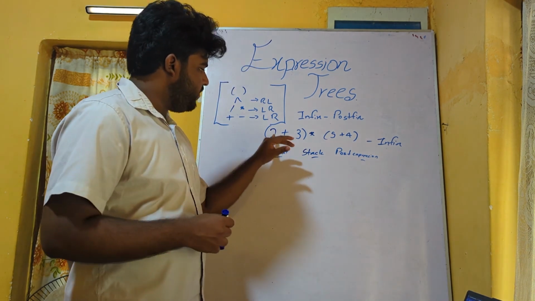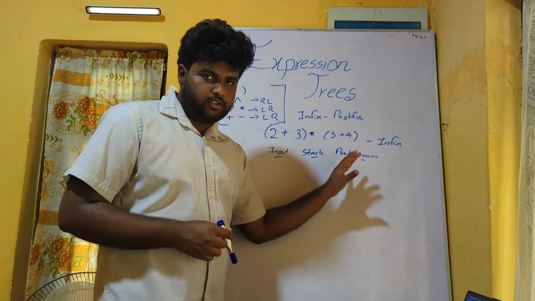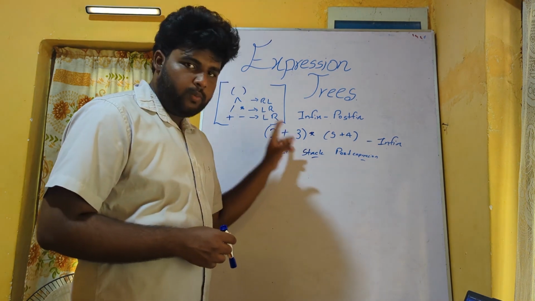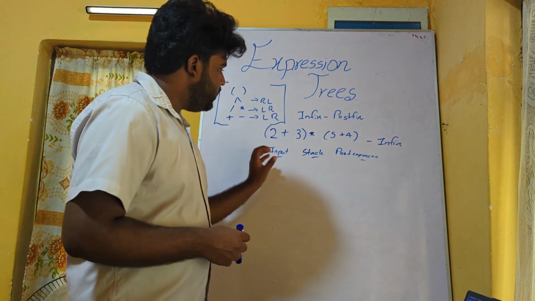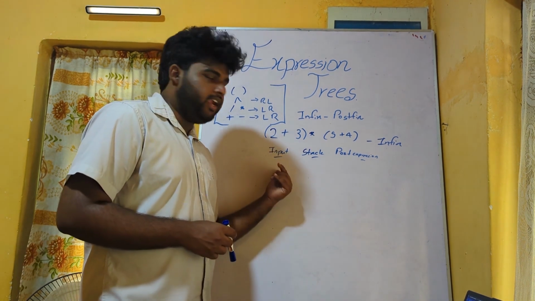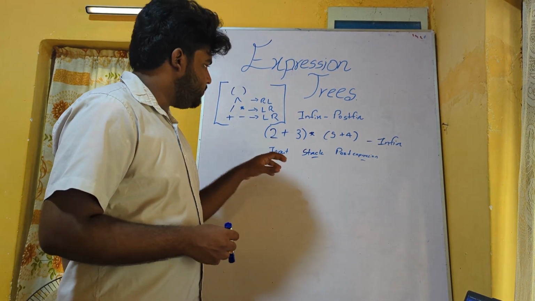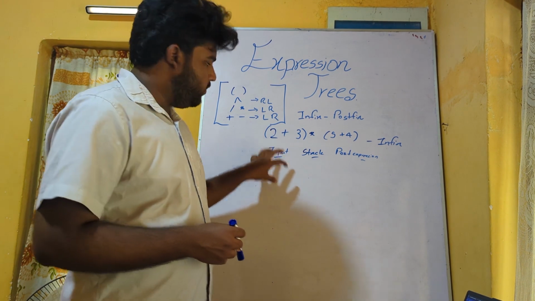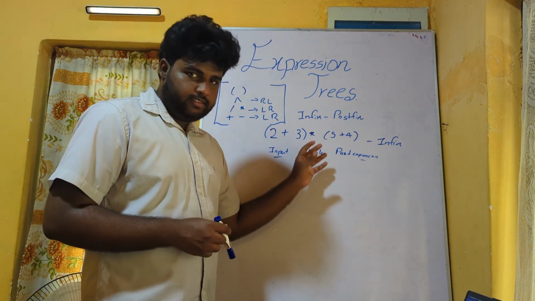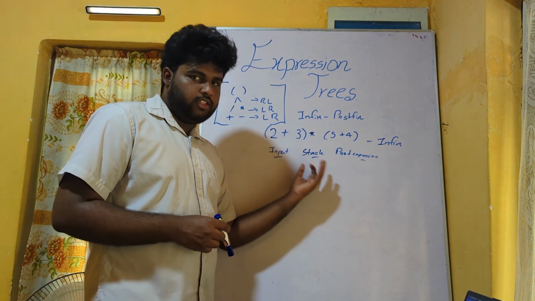If you find an operand as the input, simply put that into the expression. But if you find an operator as the input, you need to check the precedence level of that input operator with the top of the stack operator. If the precedence of the input operator is higher than the operator in the stack, then you directly push it into the stack.